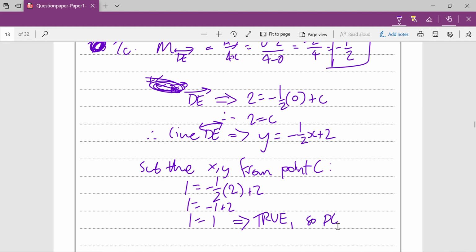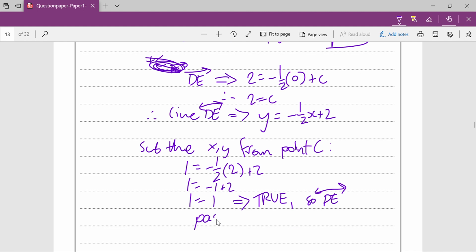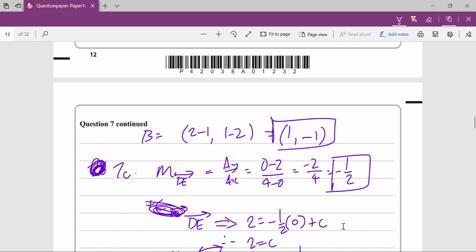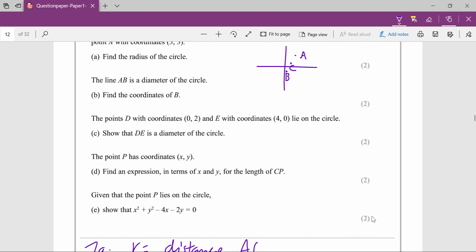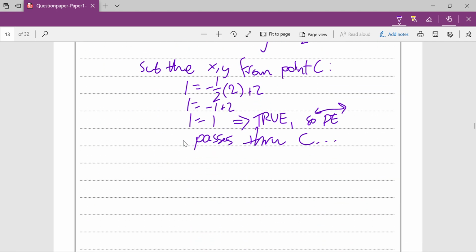So DE passes through the point C, and we can say that DE is the diameter of the circle.